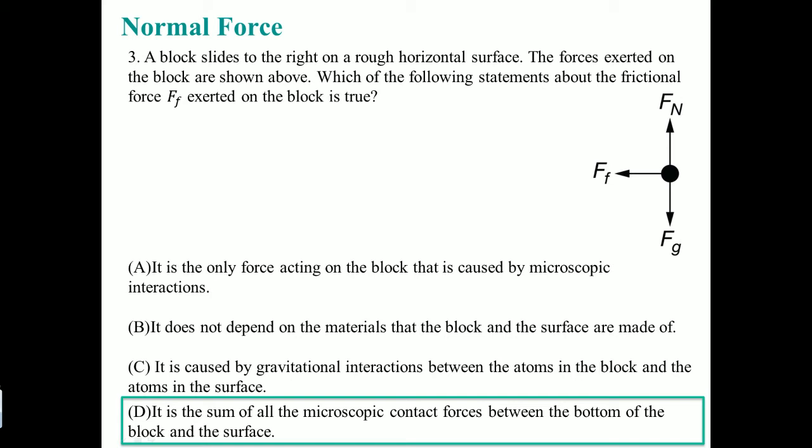The force of friction, by definition, Ff is equal to mu times N. This is due to the microscopic interactions between the block and surface.